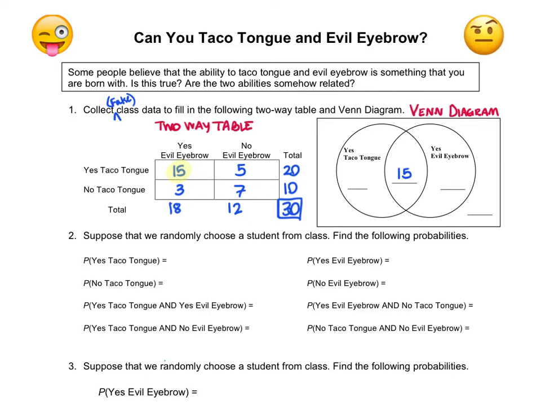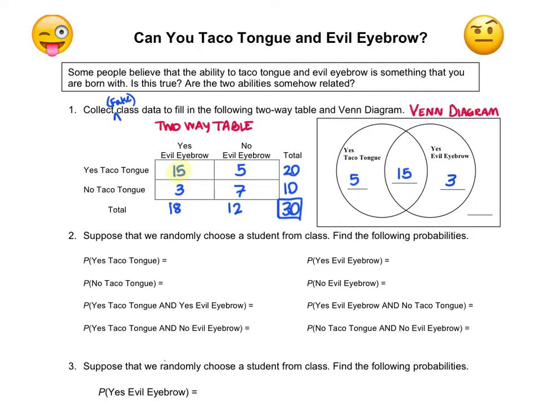Now, when it comes to the people who can do the taco tongue but not the evil eyebrow, that's a grand total of 5, they go here. When it comes to the people who can do the evil eyebrow, so they fit in the evil eyebrow circle, but they cannot do the taco tongue, they would belong in the part of the circle that does not overlap with taco tongue.